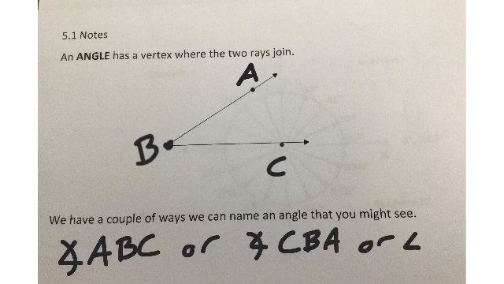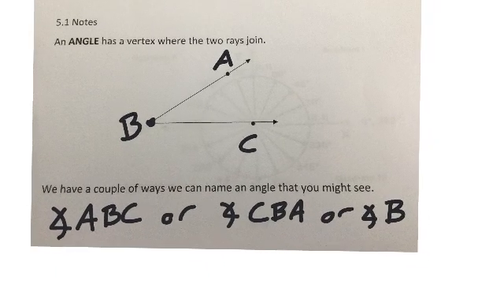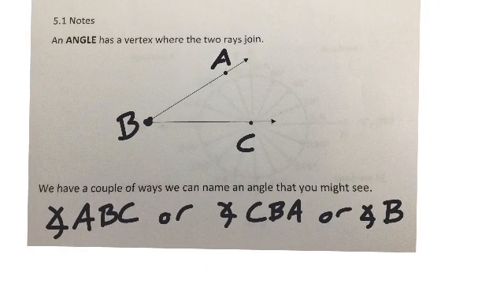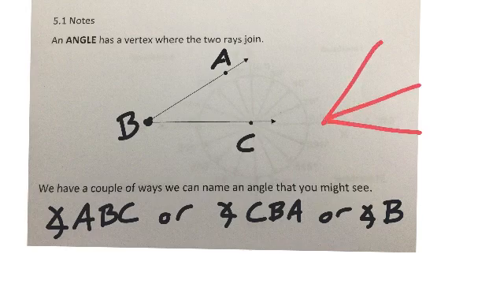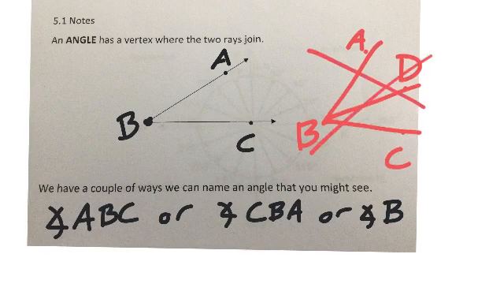In this case, we could just name that angle B because B is our vertex. Now, that is not one of the preferred ways to name it because you could have examples that look like this, where you have A, B, C, and D. Well, now, what's angle B? There are three different angle Bs. So that's why we normally don't like naming it with one letter. But you actually can on this one, but again, not recommended.